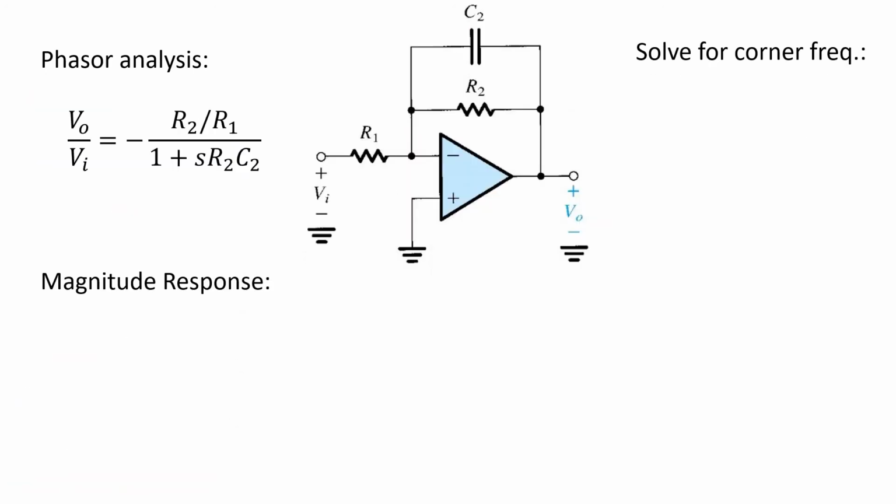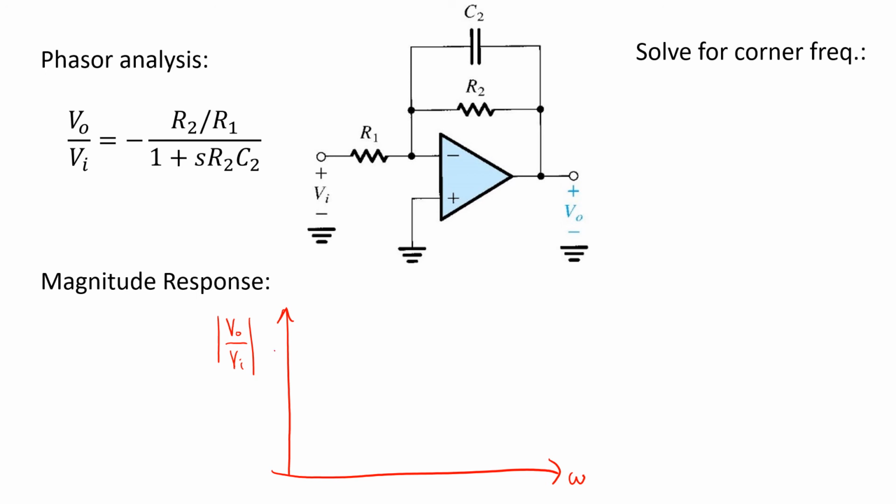So with this intuition, we can create a rough sketch of the magnitude response. We're going to sketch it here on a log scale with respect to frequency omega, and on a linear in dB scale with respect to the magnitude of V over VI.